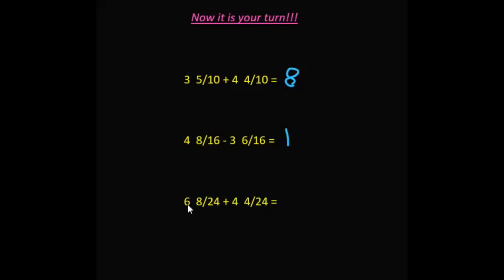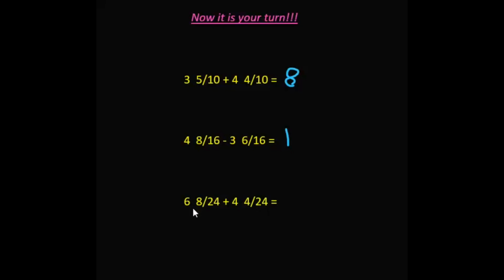Okay, so 6 and 8/24. We have the common denominator, so now we have to just round. Half of 24 is 12, and 8 is only 4 away from 12. So this would round to 1/2. 4 and 4/24 on the other hand would round 4/24 would round to 0, because it's closer to 0 than it is to 1/2.